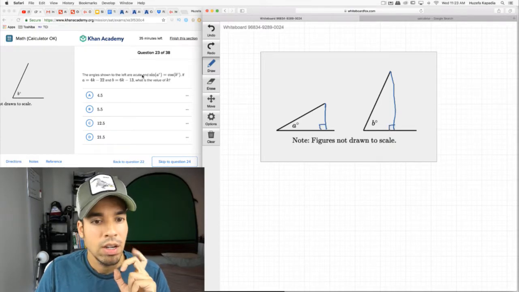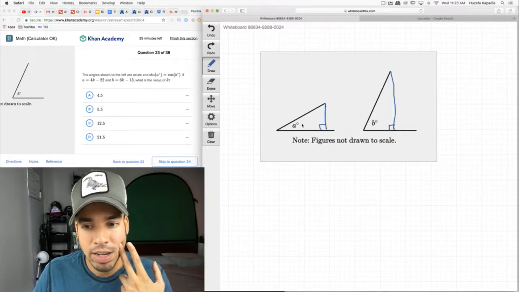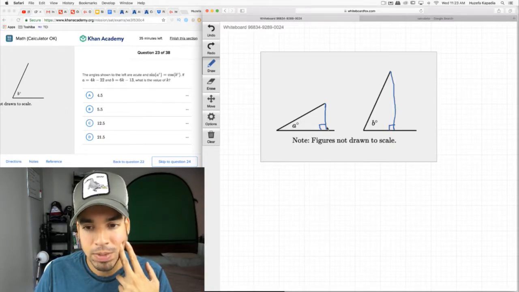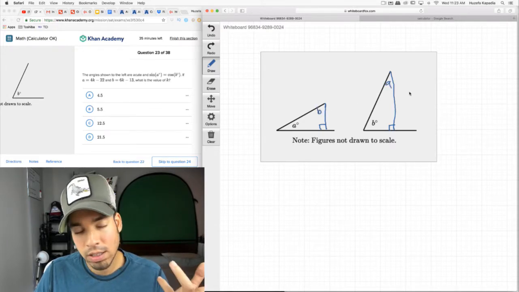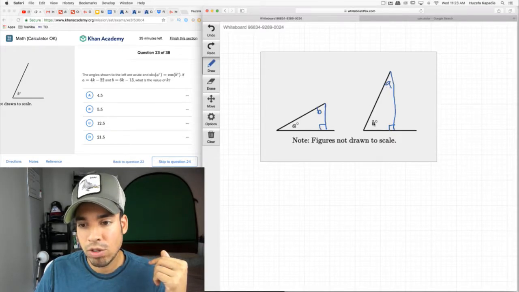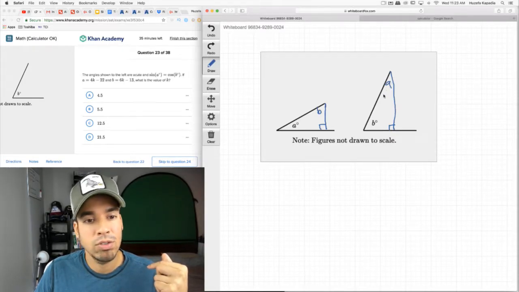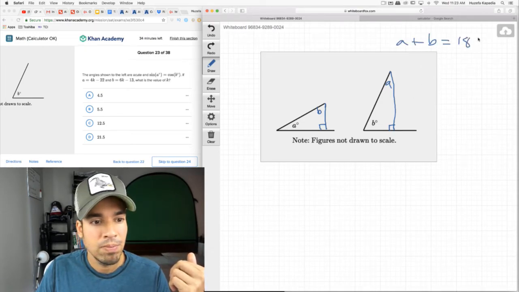I usually like to do that. But if this is true, sine of A equals cosine of B, it means they're in the same triangle, or at least similar triangles, because sine of A is opposite over hypotenuse. Cosine of B is adjacent over hypotenuse. So if those two are equal, they're supplementary. So A plus B equals 180.